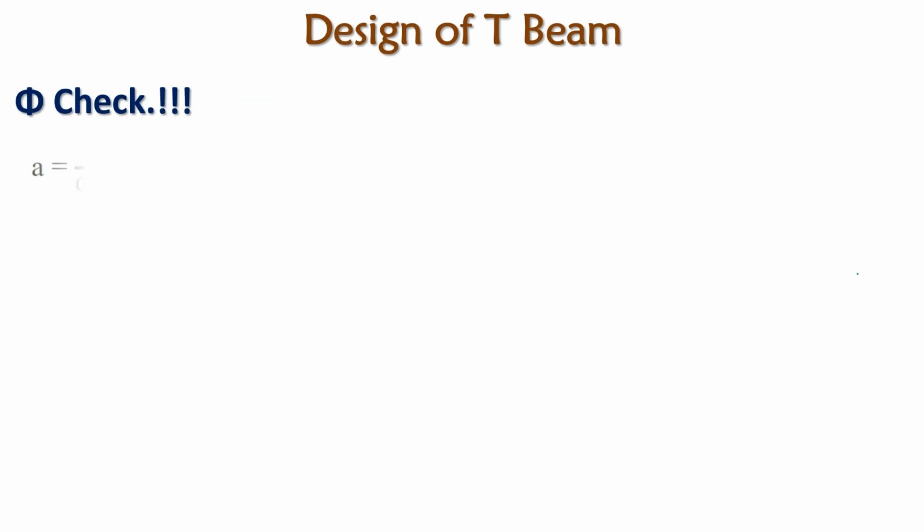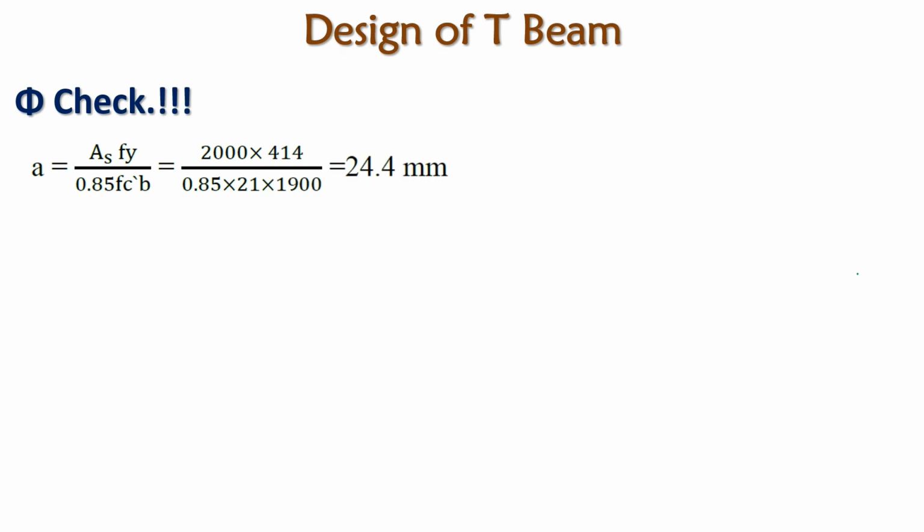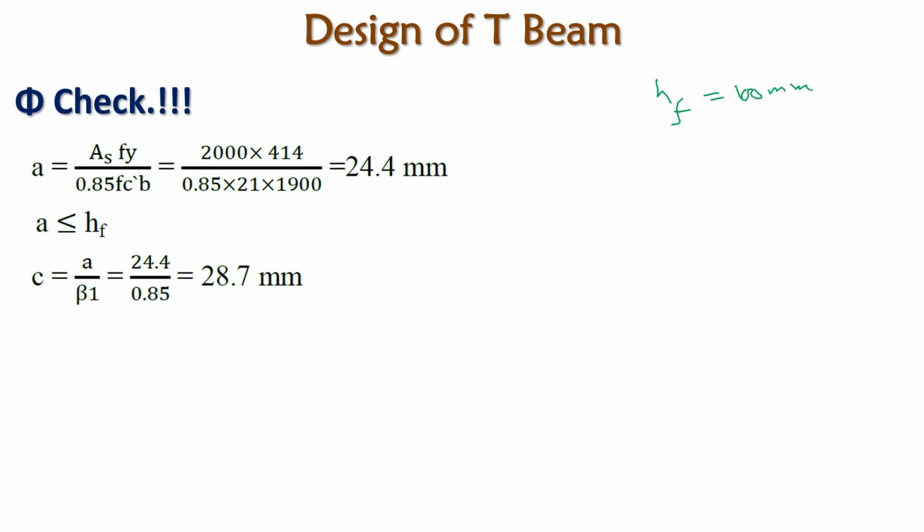Phi is checked at last. We will determine the value of a, which is AsFy over 0.85 Fc prime times b, where b is the effective width of flange, and that is 24.4 millimeters. As a is less than hf, the height of flange being 100 millimeter and a being 24.4, the neutral axis will be located in the flange.